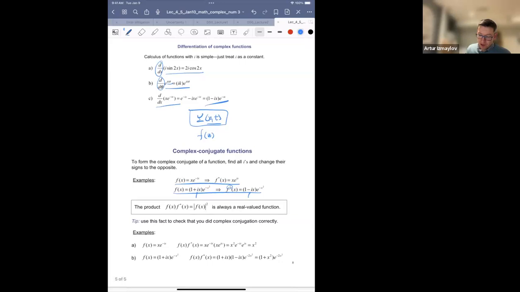And that pretty much ends this refresher on complex numbers. Do you have any questions?